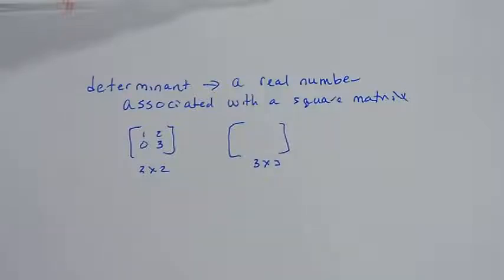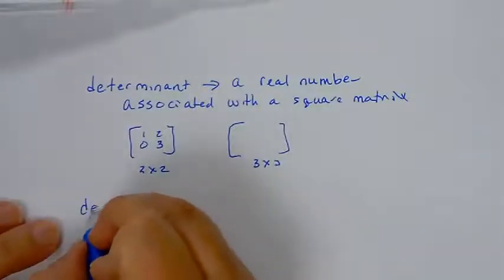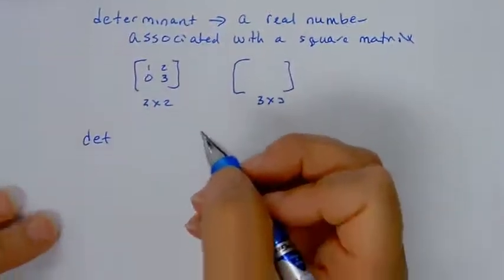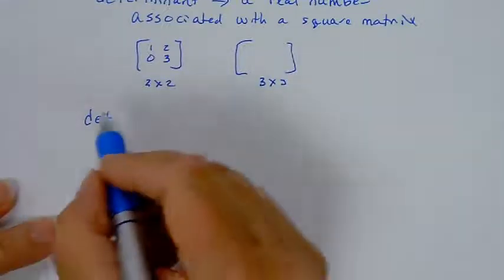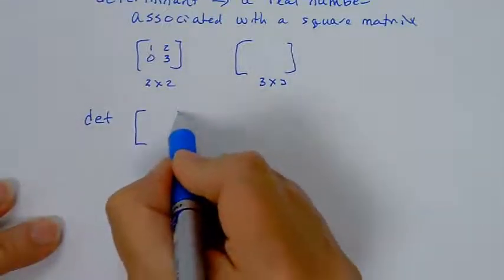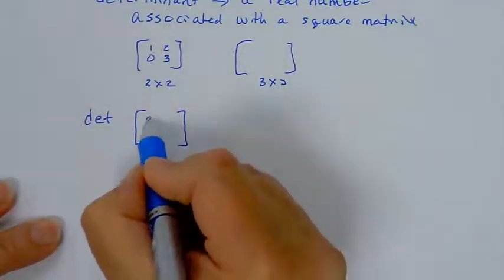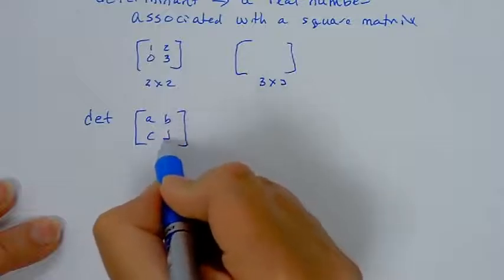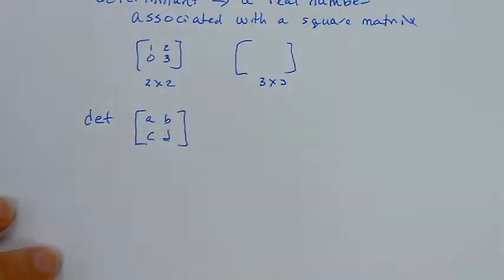We could do more. It just gets to be a lot of work the more rows and columns you add. Anytime that I've seen this on the ACT, they actually give you the definition of a determinant. They tell you how to find it. Typically, when you're defining a matrix, you write the letters in order like this, and each letter represents an element.